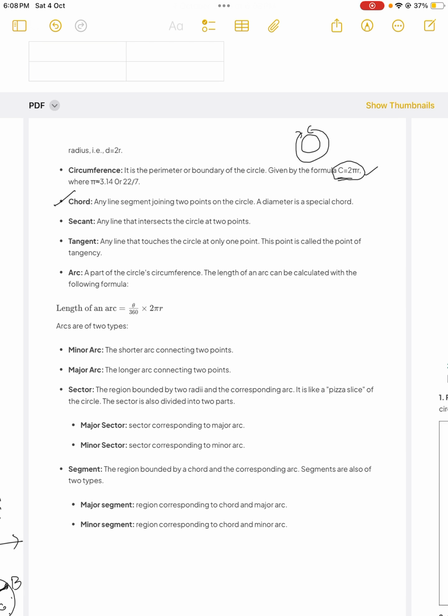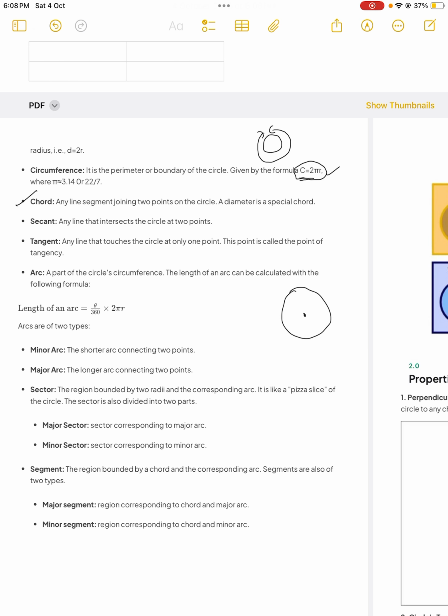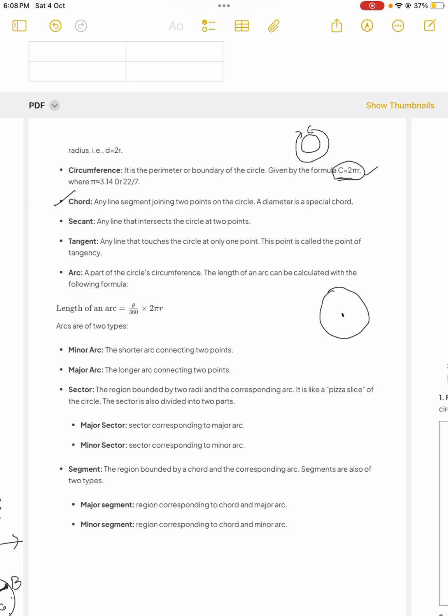Okay, this is the circle. We take two points A and B on the circle. A line intersecting these two points on the circle is called a secant.